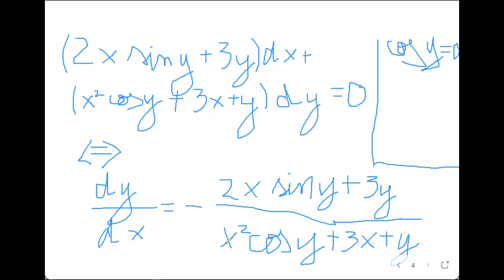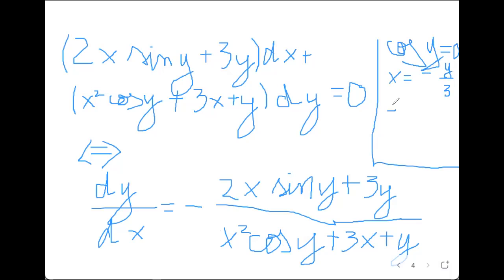So if cosine y is 0, then x squared cosine y will be 0, and then it's enough to set 3x plus y equals 0. So if cosine y is equal to 0 and x is equal to minus y over 3, that is a good combination.